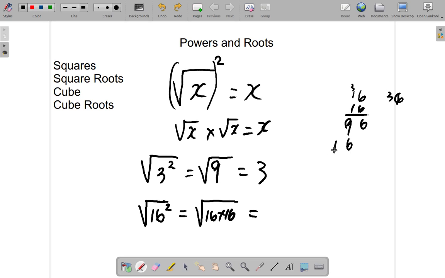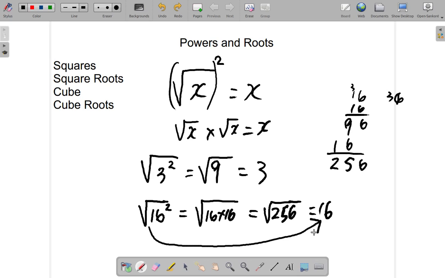When you add them, 6, 9 and 6 15. Bring down the 5, carry 1, 1 and 1 2, 256. So the square root of 256. Now the number that multiplies itself to give 256 is 16. So the square root of 16 squared is 16. It's also negative 16, but we want to just concentrate for now on the positive square root. Alright.